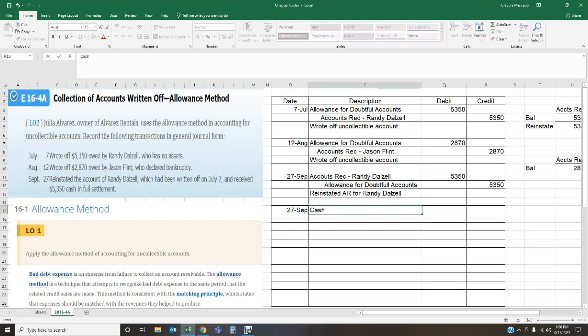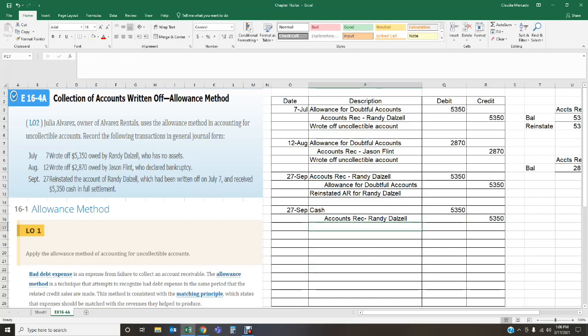So what did we receive? We received cash. How much? $53.50. So cash was received from the customer. We received a cash settlement. And then I'm going to clear my accounts receivable for Randy Dalzell.